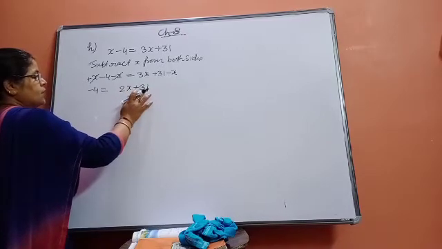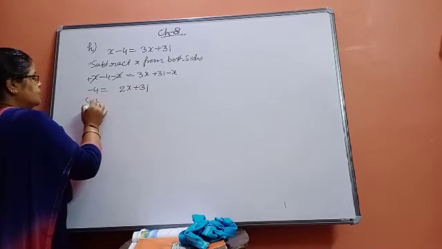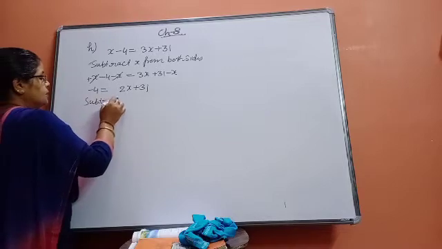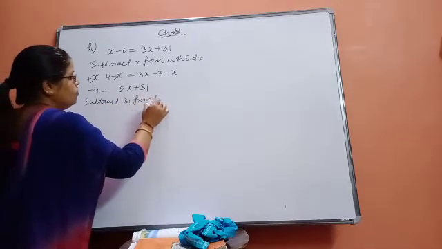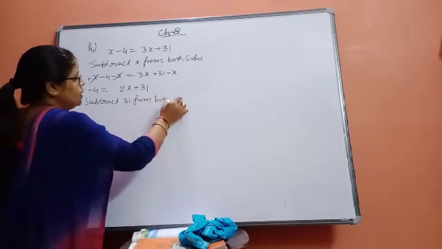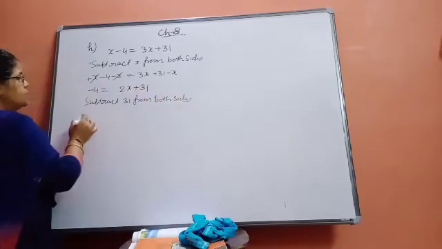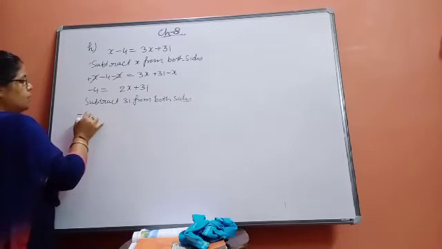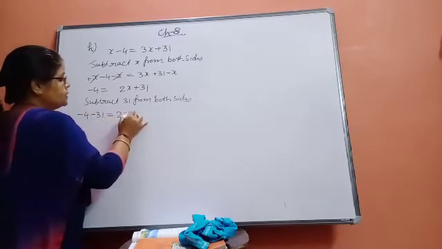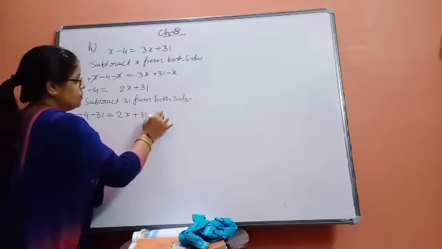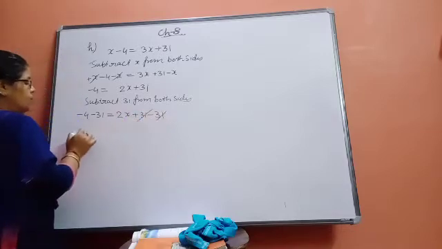It is plus 31, so subtract 31 from both sides. Here it is plus 31, that's why we are subtracting. So minus 4 minus 31 is equal to 2x plus 31 minus 31. Plus 31 and minus 31 will be cancelled.